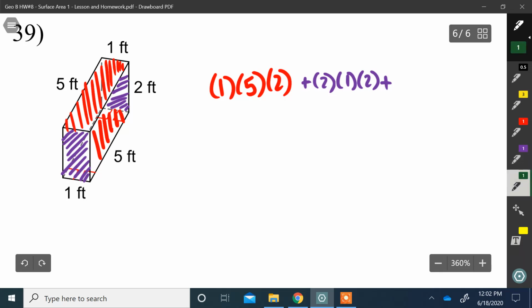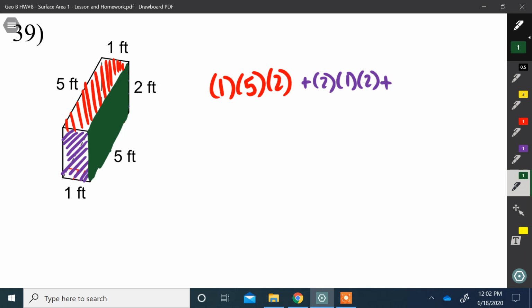And then I'll do the other one with green. Even though it's hard to see, we do have a layer right there that we can't miss. This right here. You see it now? Okay, hopefully you do.